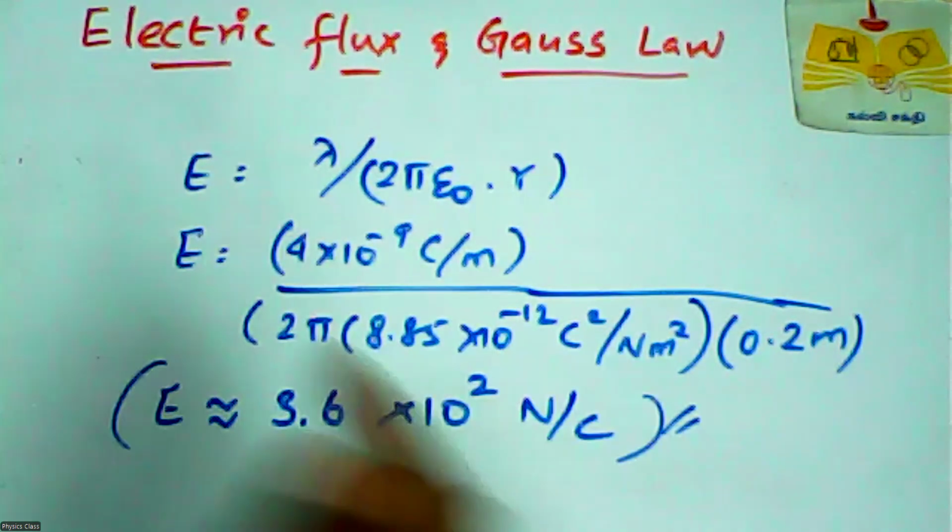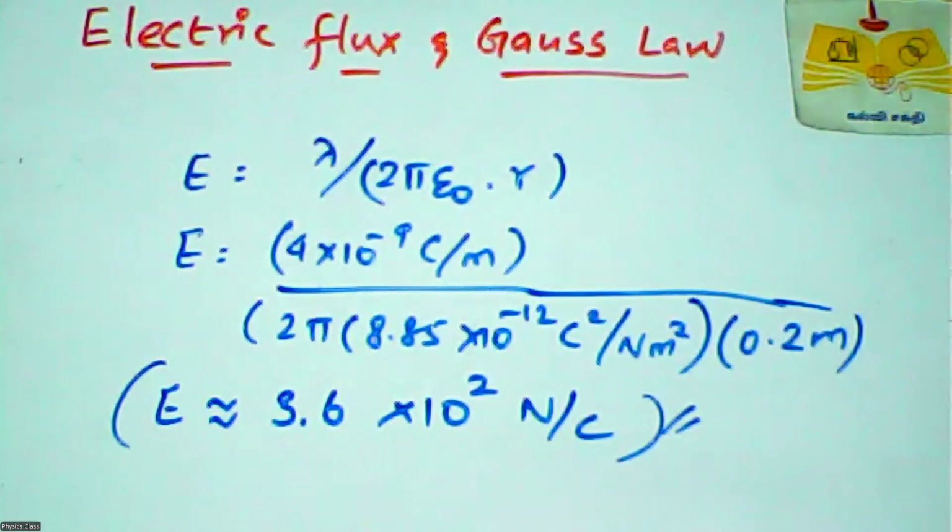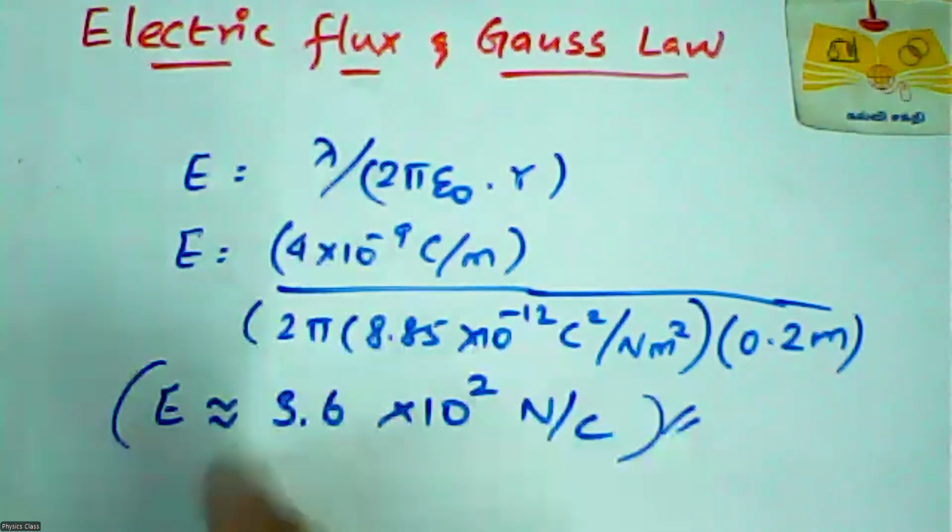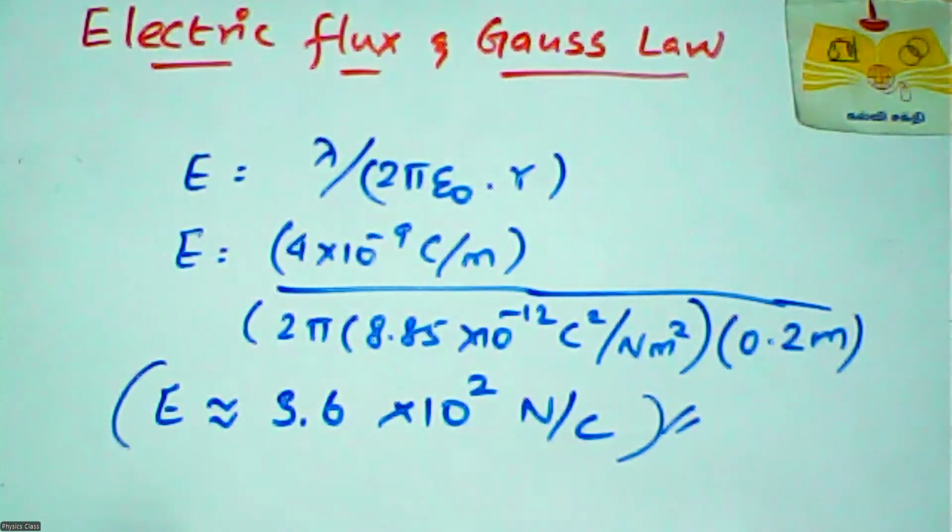The field inside is zero. So inside is safe during the lightning strike, keeping the occupants safe. Okay, clear?